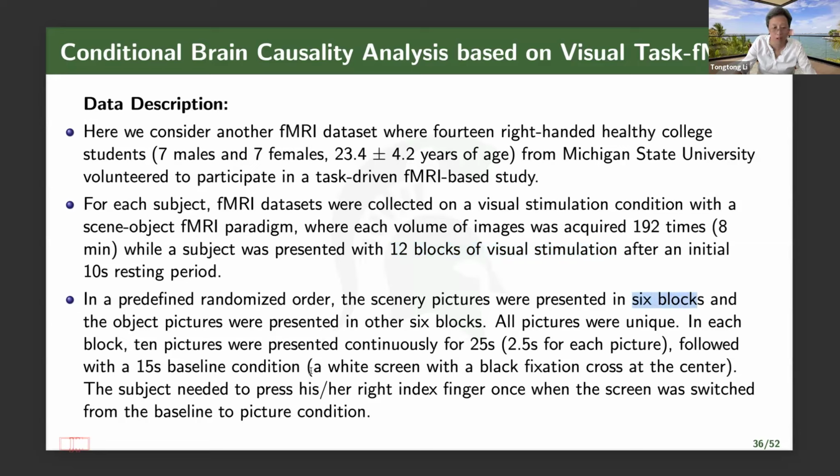In each block, 10 pictures were presented continuously for 25 seconds, 2.5 seconds each, followed by a 15-second baseline condition. The participants needed to press the right index finger once the scene switched from baseline to a picture.